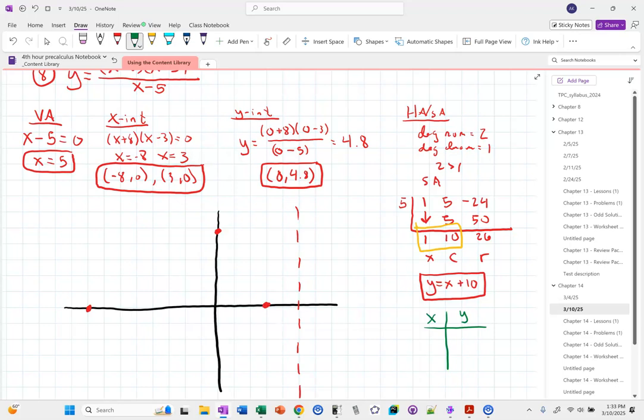So let's say I pick -8 and then -6. When I plug those in for x, I'd get 2 and 4. Let's go ahead and graph that. So I have the point (-8, 2), and then (-6, 4).